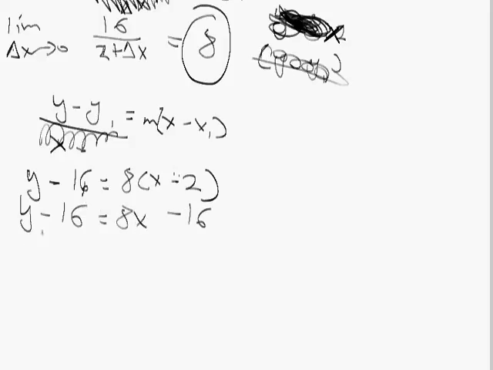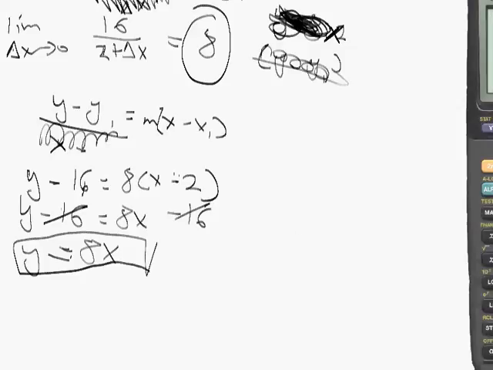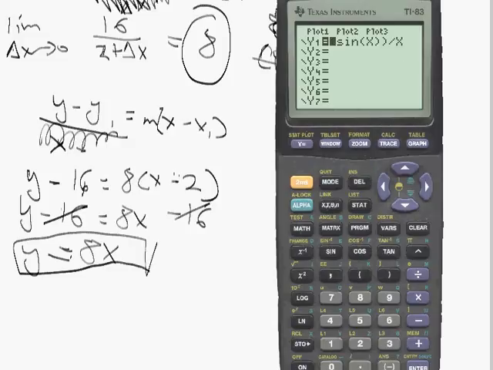Which cancels these out. Mm-hmm. y equals 8x. Okay, so let's verify graphically that 32 divided by x and 8x, and we're looking at the point 2 comma 16, so let's set our window accordingly.